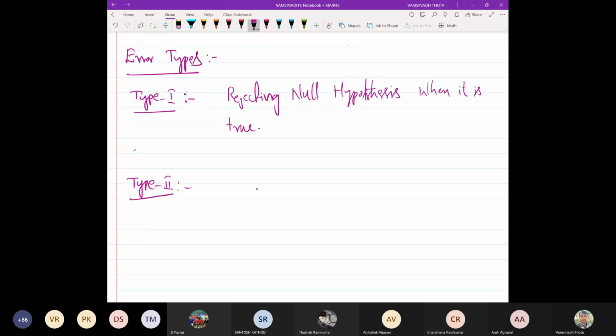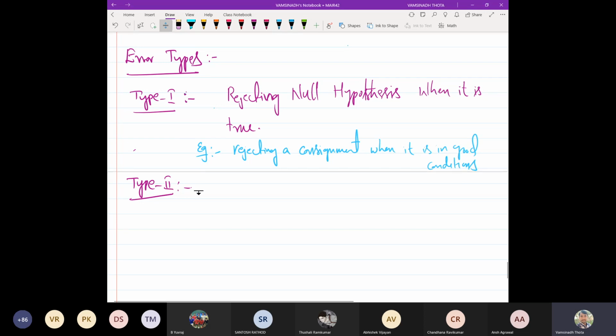Rejecting an electric equipment, or in short some consignment, when it is in a very good condition.